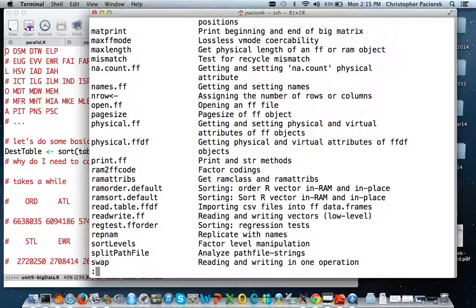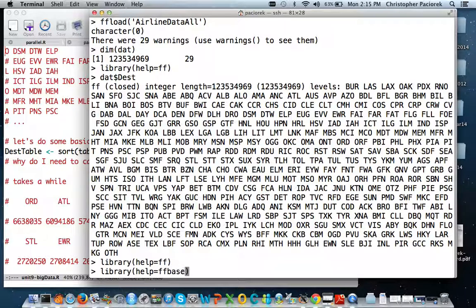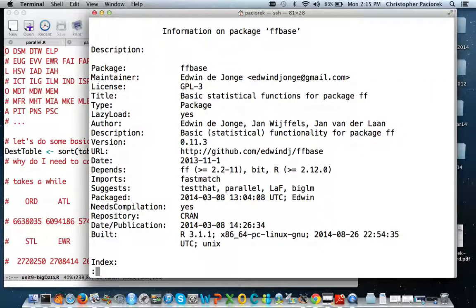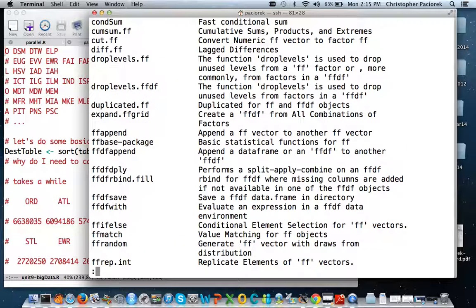So if you're working with these, it's a good idea to get familiar with some of those specialized functions. And there's another set of these functions in the ffbase package, which is, as I understand it, sort of statistical add-ons that work with ff. So you can see here in the ffbase package, there are a whole bunch of functions that are doing additional sorts of operations. A lot of these don't look particularly statistical. They're basically just processing kinds of functions.